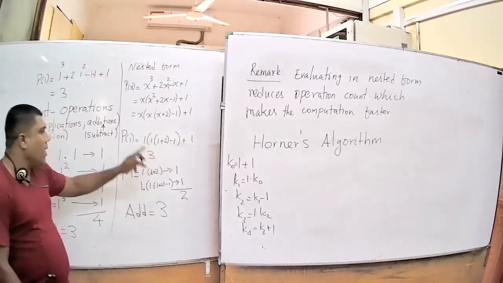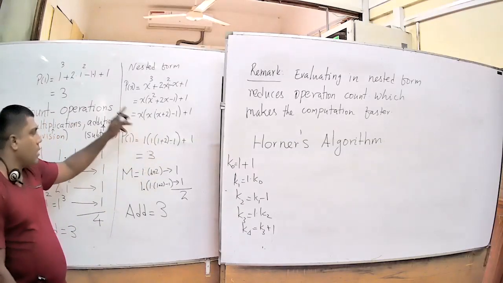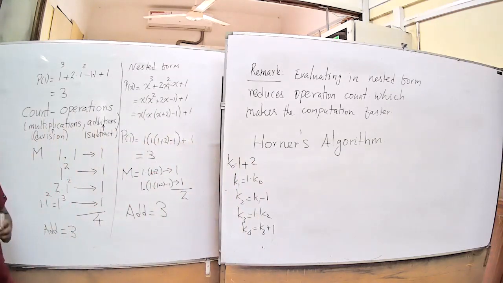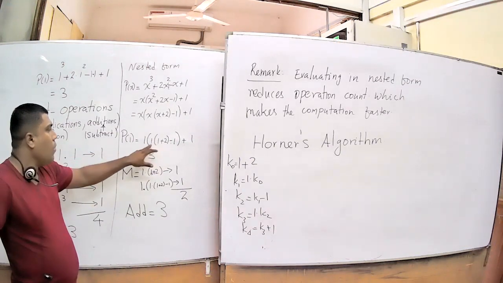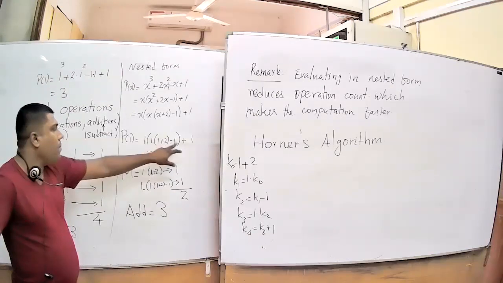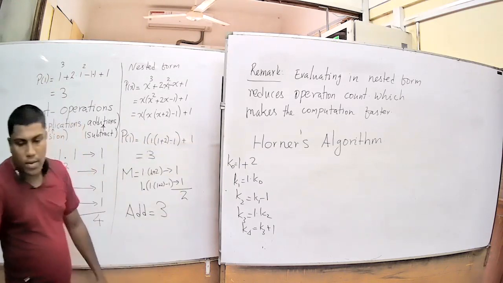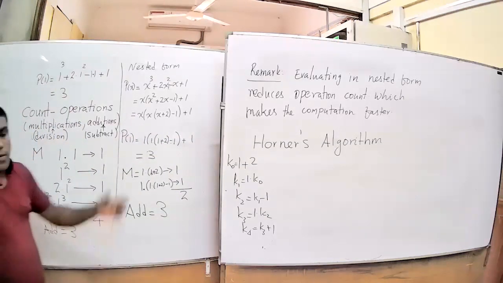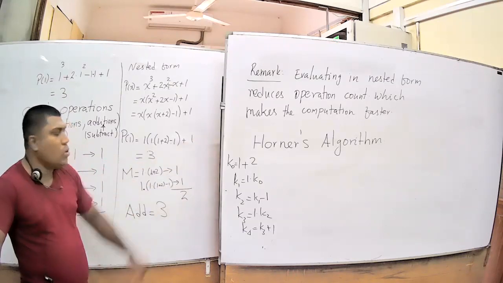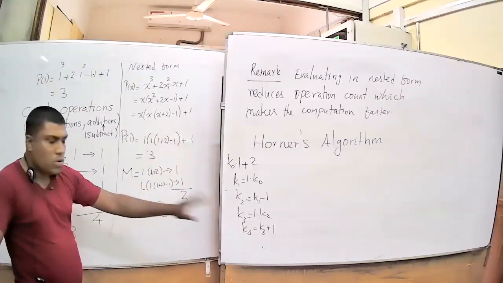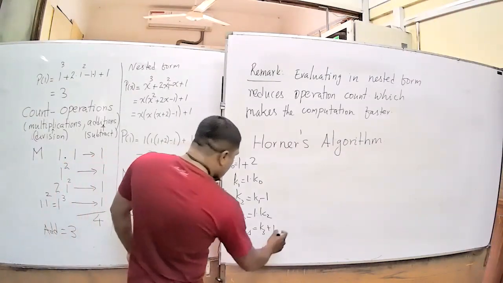So if you want to go through this as an algorithm, first you calculate this and multiply that with 1, then subtract 1 from that, then multiply that with 1, and then add 1. Step by step, if you want to write a program, first step you do this, second step you do this, third step you do this, and so on.